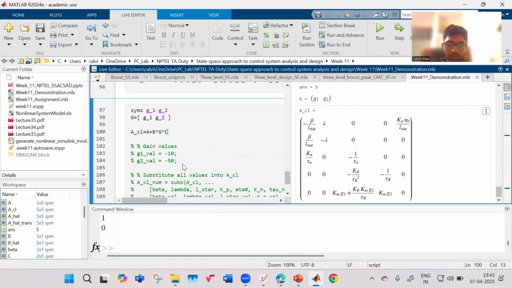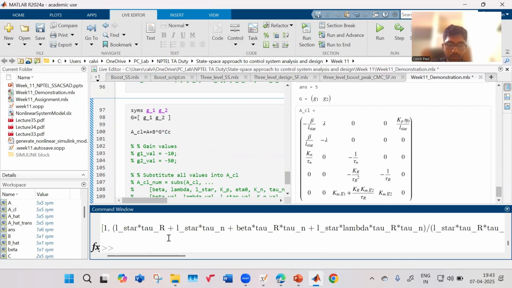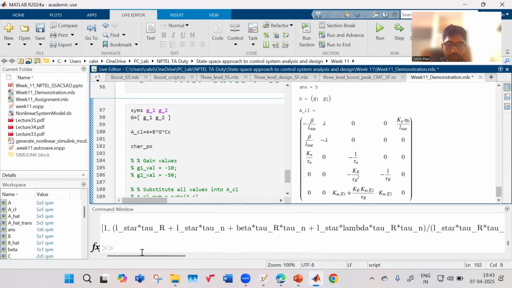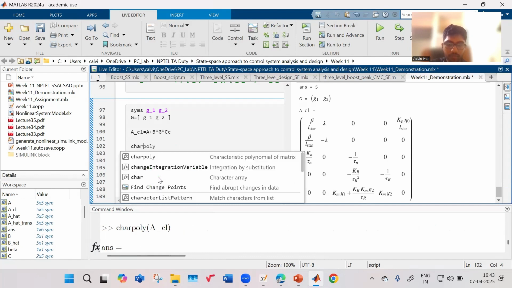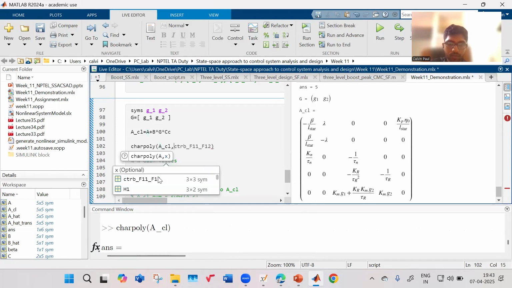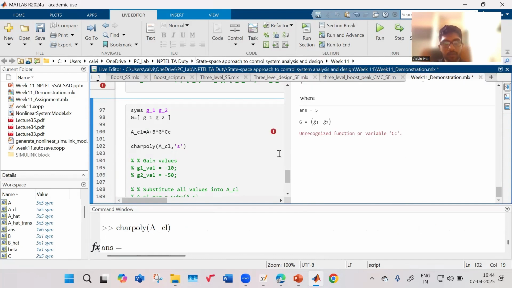So here, poly, A underscore close, for this. We have it from this section.